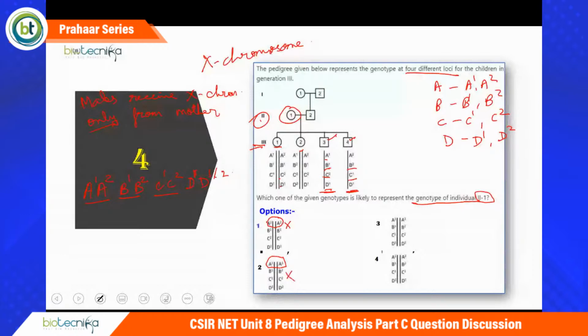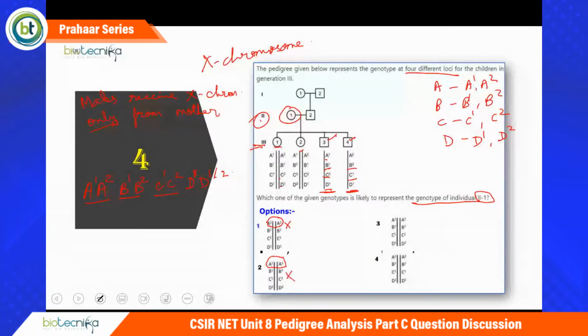Option 4 is saying A1 homozygous, and C and D both turned out to be heterozygous, not possible. So you are left with option 3 only, where A, B, C, and D, all 4 are showing heterozygous.